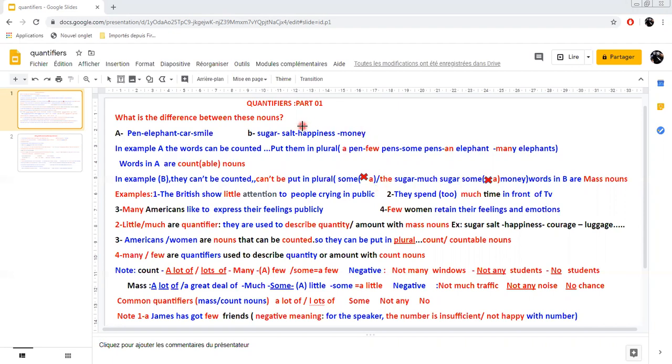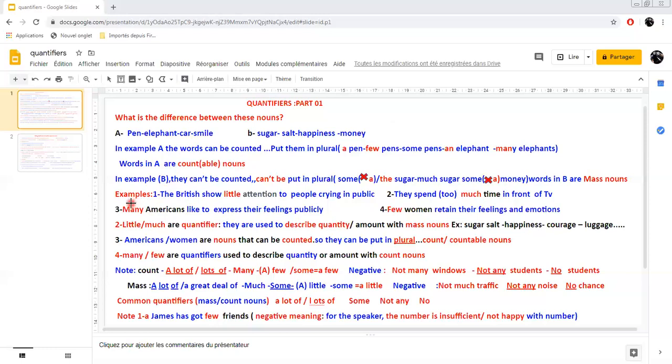So these nouns here are called mass nouns, as it is indicated by the name, mass. So it is the mass which is measured differently according to each product or object, whether it is the volume or the weight or the time and so on.